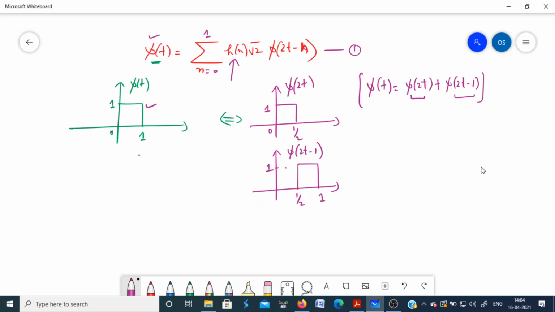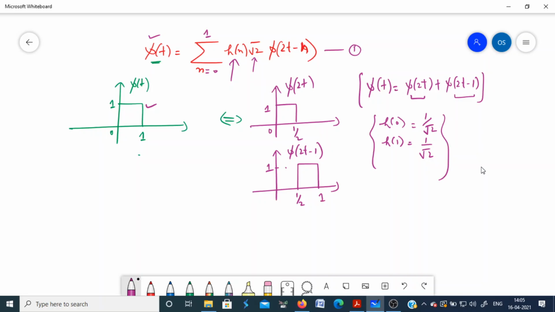So I want two coefficients now, h0 when n is 0 and h1 when n is 1. What will be h0 to satisfy this equation? Because we are multiplying with root 2, h0 should be 1 by root 2 and h1 should also be 1 by root 2.